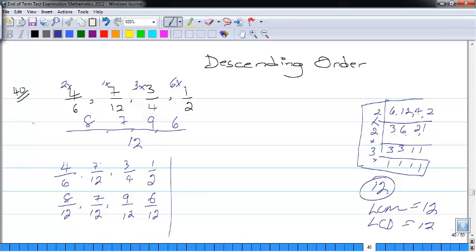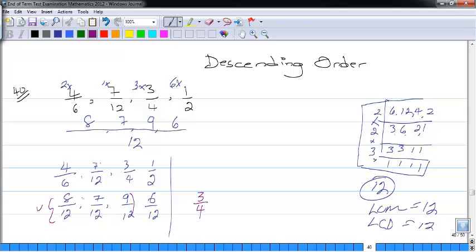So let's use our equivalent fractions that we found and arrange these to find what we should have in descending order. So which is the largest one? It would be 9/12. So this one would come first. So writing back the original fractions, 3/4 would come first.